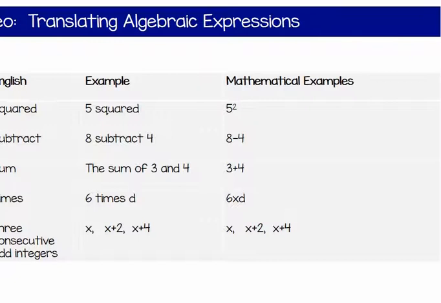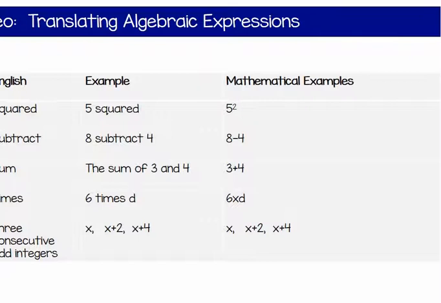Subtract, of course. 8 subtract 4 would be 8 minus 4 with the minus sign. Sum, of course, means to add. The sum of 3 and 4 would be 3 plus 4. Times, multiply: 6 times D, or 6 times D.